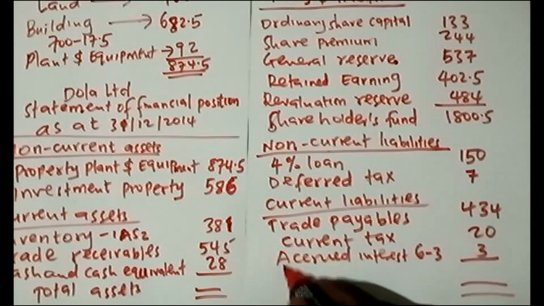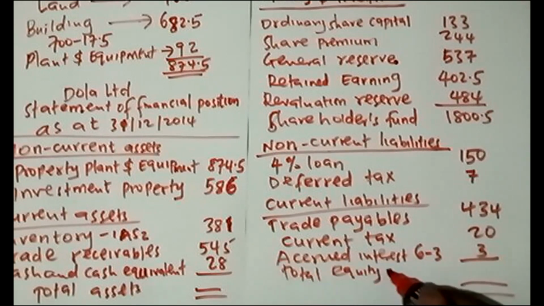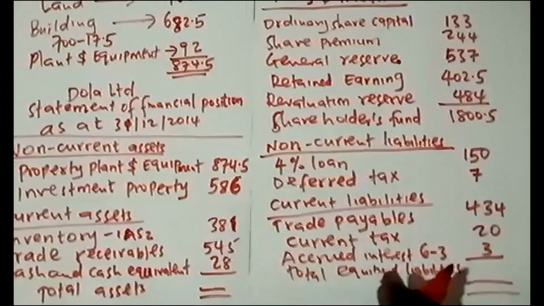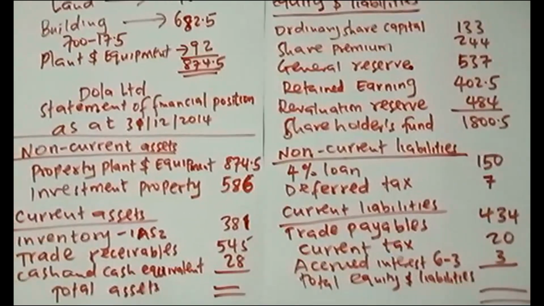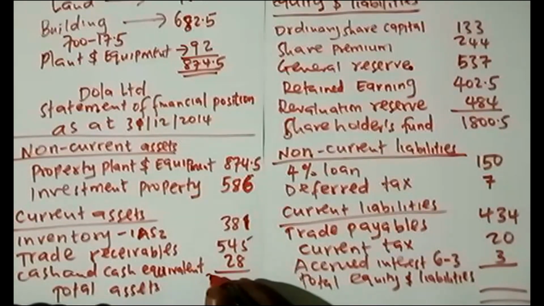So try to balance the equation. Total equity and liabilities. What are we getting there? For assets, total assets is 2414.5.